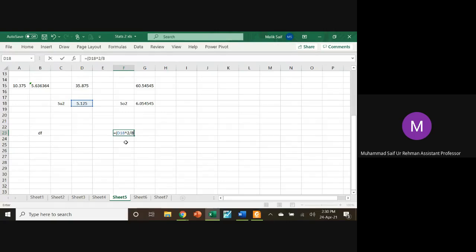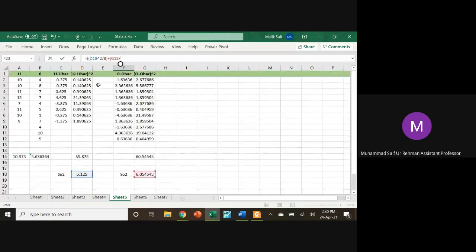And then you have to take care of braces. So see how I am putting braces over here. This was the first value. Put a brace over here and also put a brace over here, because we have to take the square of two terms. Then write down plus, write down this value here, and divide it by NO. What was NO?